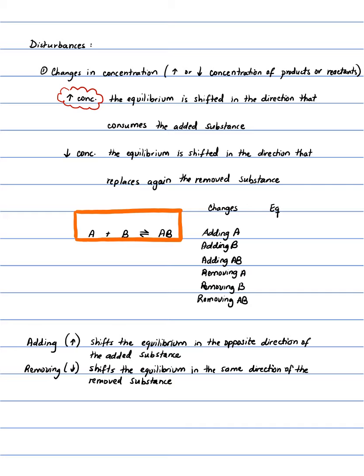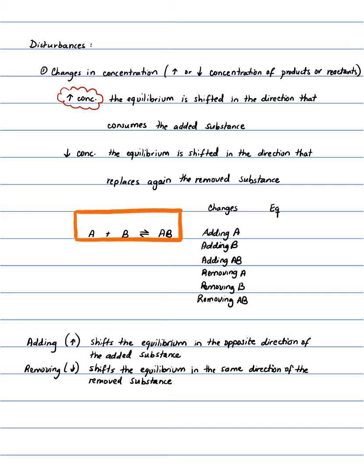For example, if you're increasing the concentration of a reactant, your reaction is going to find a way of using up that amount. Using up the amount of a reactant means that the reactant will be used up to form a product. So whenever you're increasing the concentration of a reactant, the equilibrium will be shifted towards the product, forming more products.